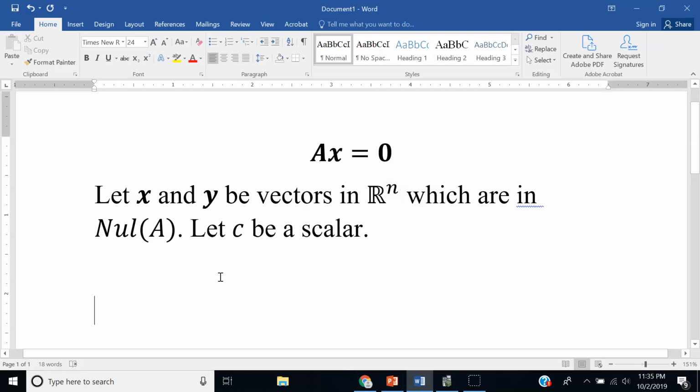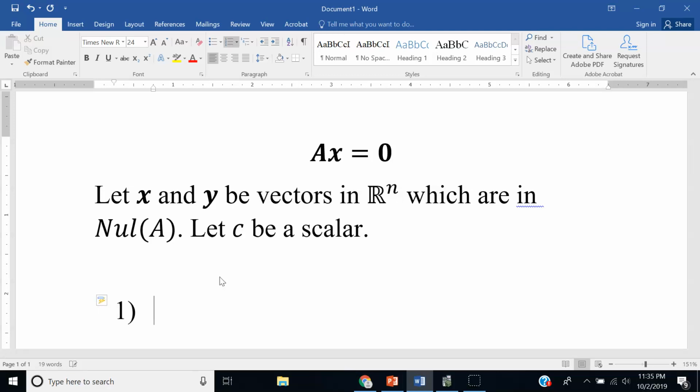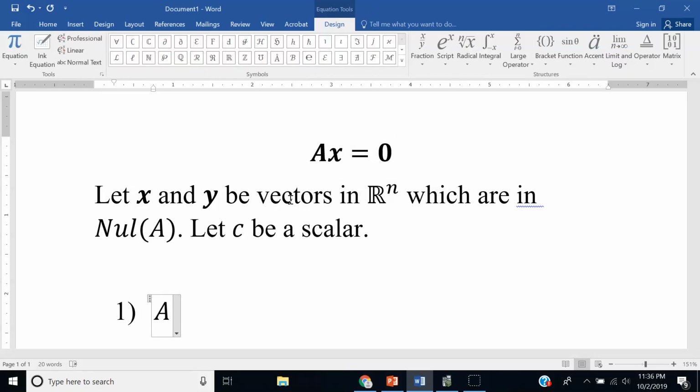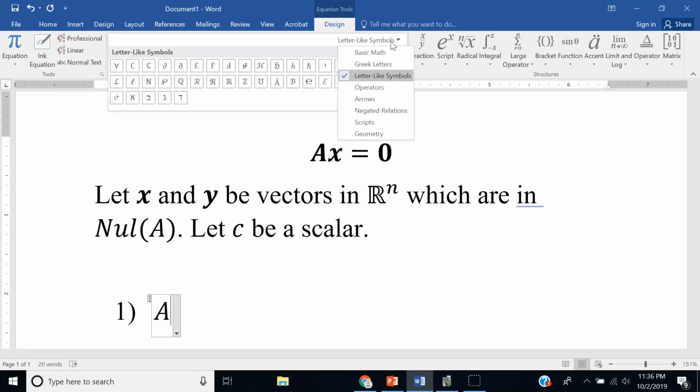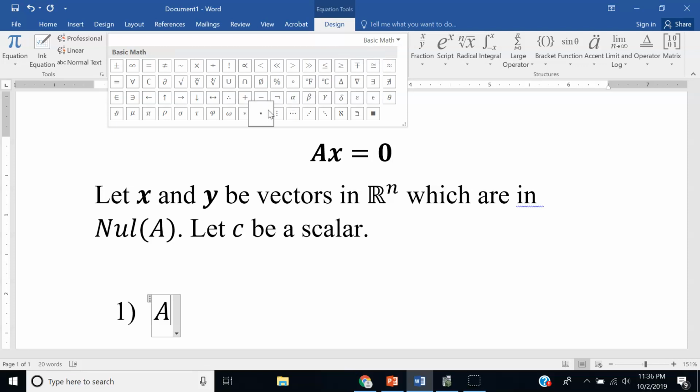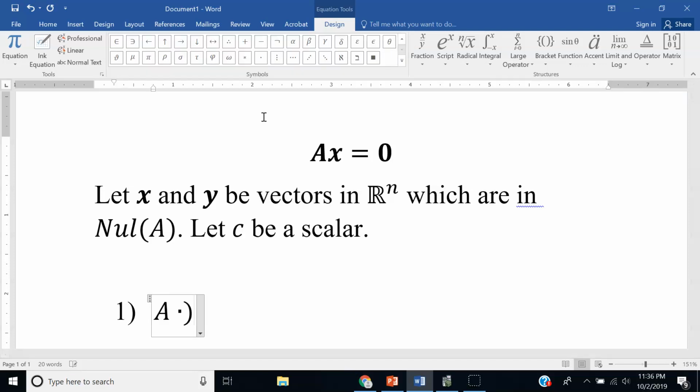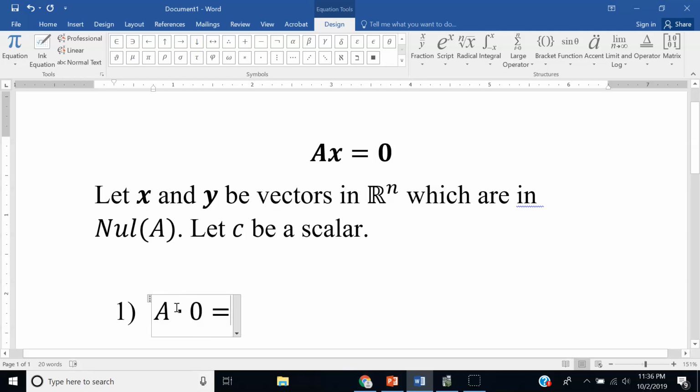So let's ask ourselves those three questions. First off, is the zero vector a solution to this equation? All we have to do is take A and multiply it times the zero vector. Notice that each row of A is becoming a linear combination with all coefficients being zero.